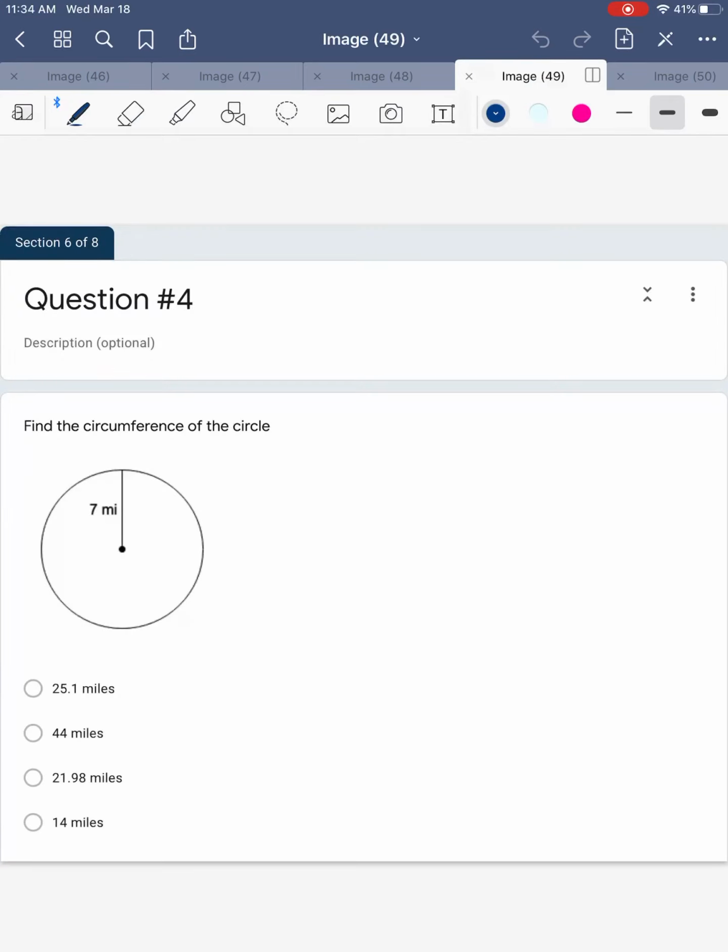The next one is find the circumference of the circle. Again, the circumference is 2 times pi times the radius. So we have 2 times 3.14 times the radius, which on this one is 7.